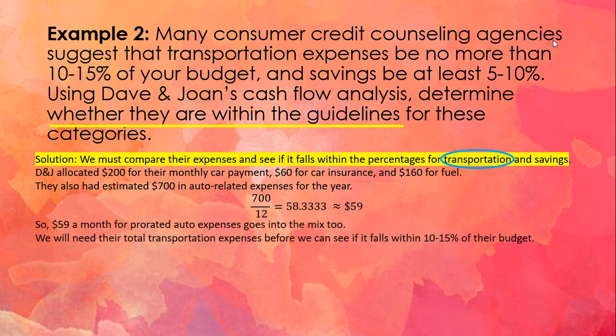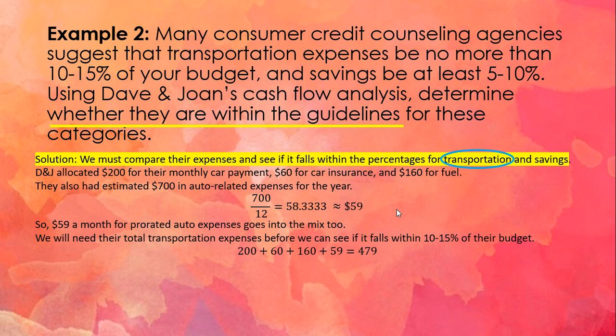So we're going to need their total transportation expenses, and then we're going to see if it falls within 10 to 15% of their overall budget, their overall spending. So we're just going to take 200 plus 60 plus 160 plus 59, which is $479 a month. And we're going to see if that falls into their monthly budget and if that's 10 to 15%.